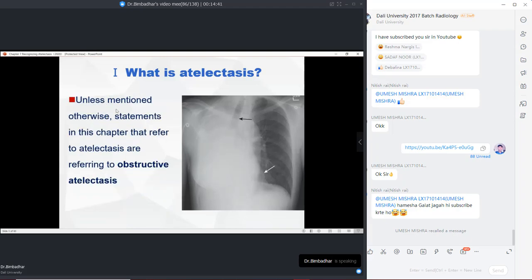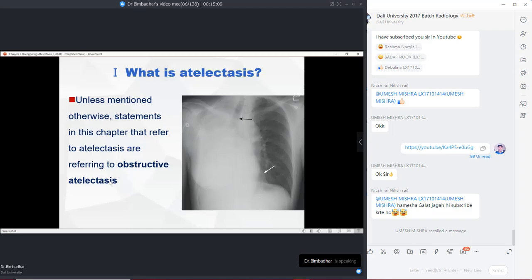Unless mentioned otherwise, statements that refer to atelectasis are referring to obstructive atelectasis. You have to understand, yesterday also I was saying that one of the most common reasons for atelectasis, a collapse of a lung, is obstructive atelectasis. We saw an asthmatic patient where we had a completely opacified left hemithorax, if you can remember the picture.